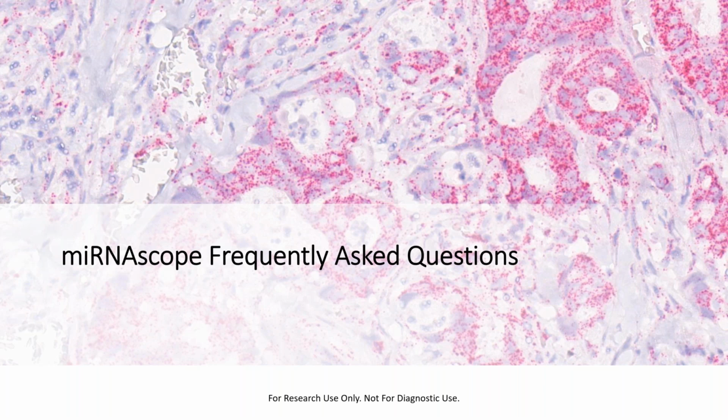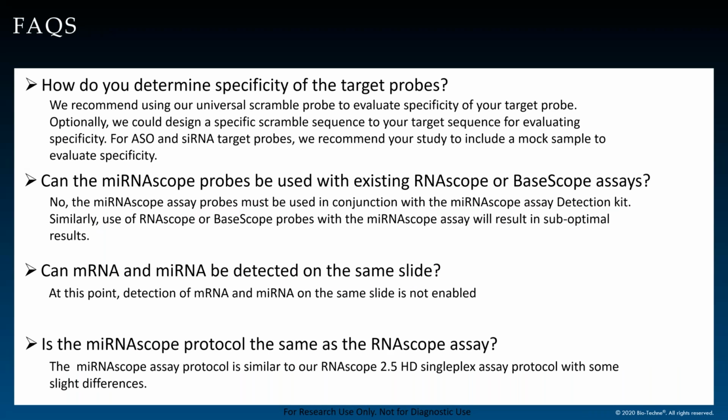Before we move on to frequently asked questions, I just want to remind you that my colleagues are still available to help address your questions. So please continue asking your questions through the chat window while I go through some of the frequently asked questions. As displayed here, you can go ahead and read through them and see if any of your questions happen to be in here. A lot of these have been addressed in this presentation, but there are a little bit more specific questions that you can also review here.